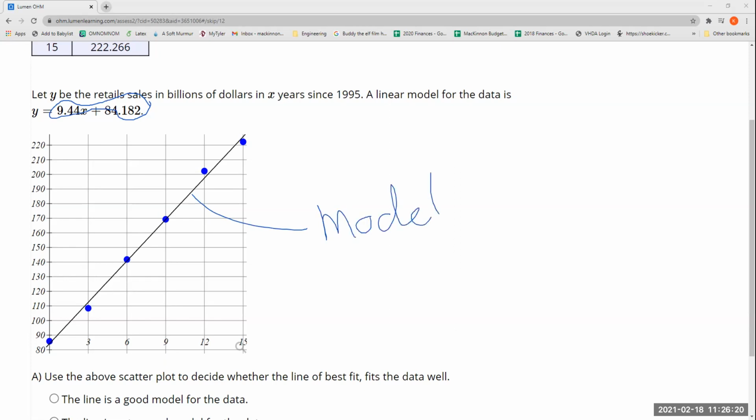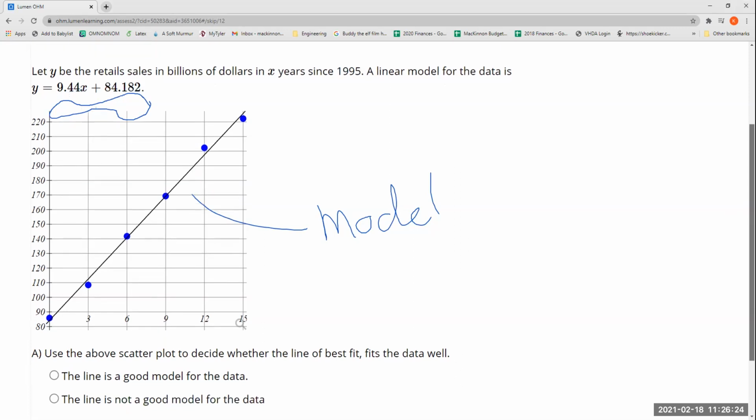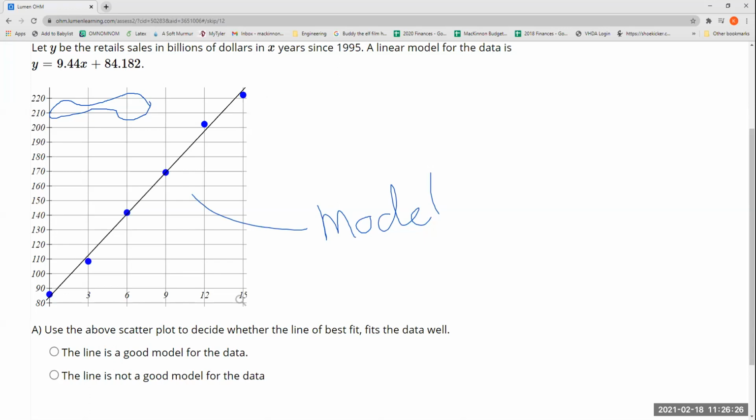All right. Now, the first question is asking, is this actually a good model? Well, let's talk about what models are supposed to do and what they aren't supposed to do. What models are supposed to do is help us mathematically predict real-world phenomena with mathematical operations.